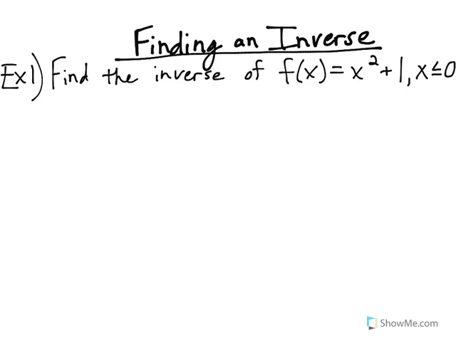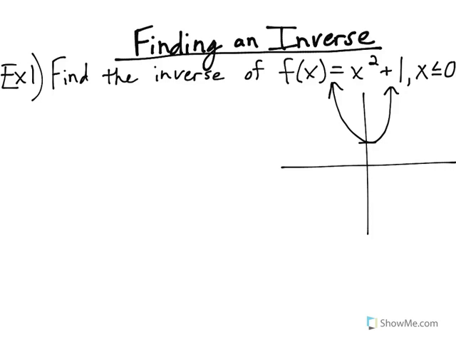Okay, now we're going to find an inverse. Here our function is x squared plus 1, but only when x is less than or equal to 0. Now, you're probably wondering, why are they restricting the domain to x less than or equal to 0? The reason is, if we were to graph x squared plus 1, that's a parabola shifted up 1, and here we would not have an inverse because it would fail the horizontal line test.